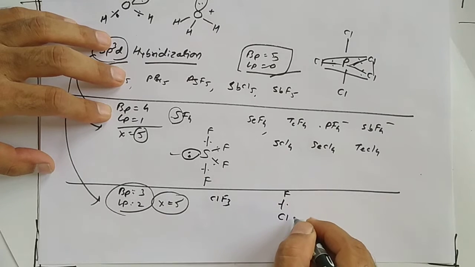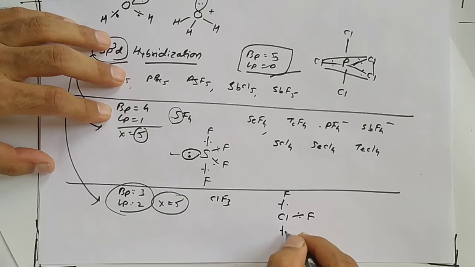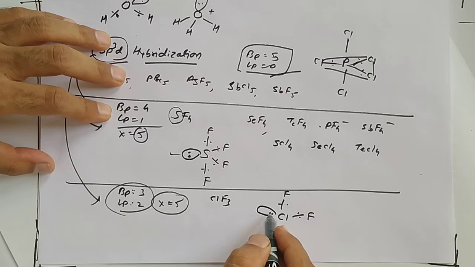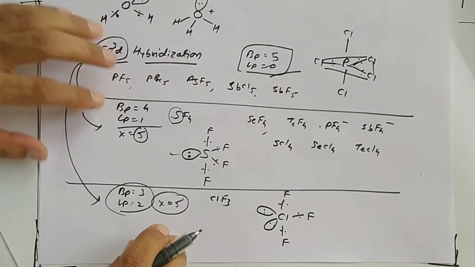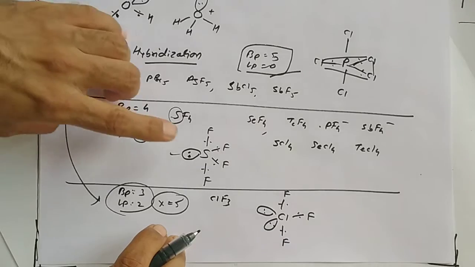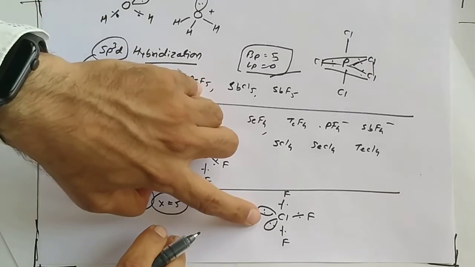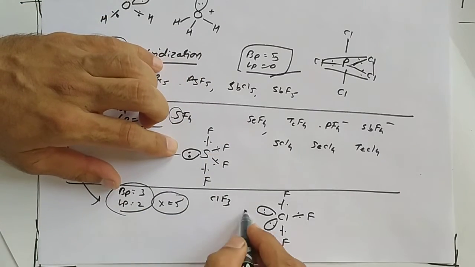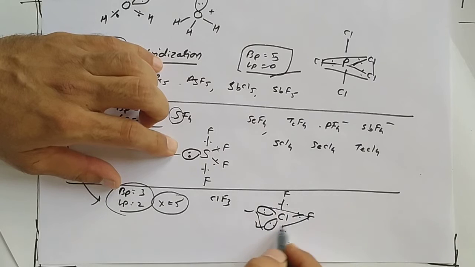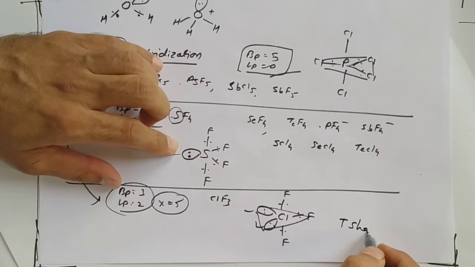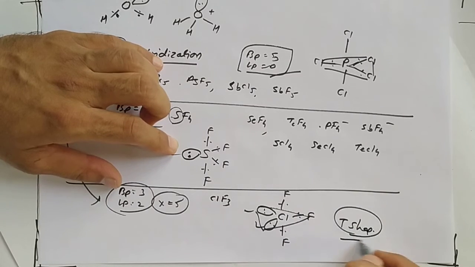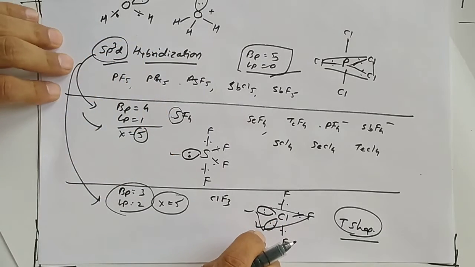So 3 fluorines combine with chlorine. Here there are 2 lone pairs. In sp3d, whether the lone pair is 1 or 2, they always come in equatorial positions. So the shape is T-shaped.